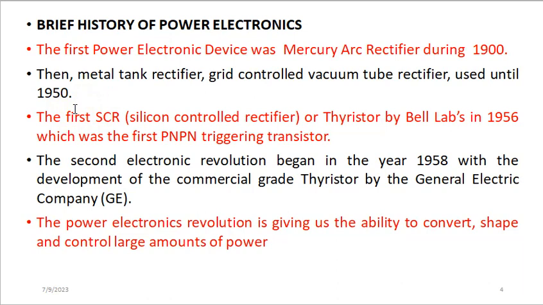Then the first solid-state component that was invented was the silicon controlled rectifier, and that is what we call the thyristor family. The company responsible for its creation is Bell Laboratories in the US, in the year 1956. This is a solid state arrangement which has P-type semiconductor connected to N, connected to P, connected to N.